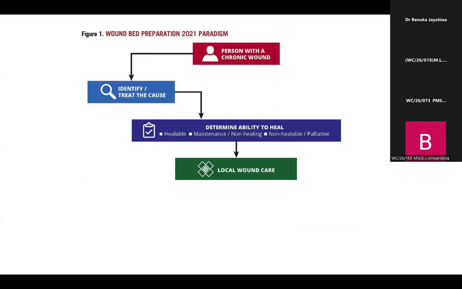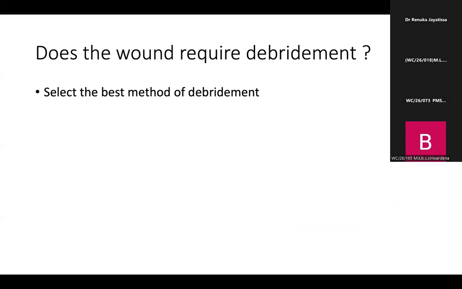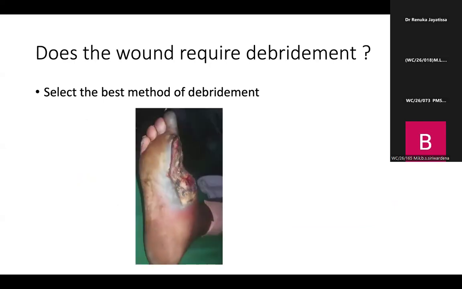Right. So if there is unhealthy tissue, you have to start thinking of debridement. How many types of debridement methods are there? There are many, many ways of doing this. As a surgical person in training and a vascular surgeon, surgery tends to be the most often used way of doing a debridement.